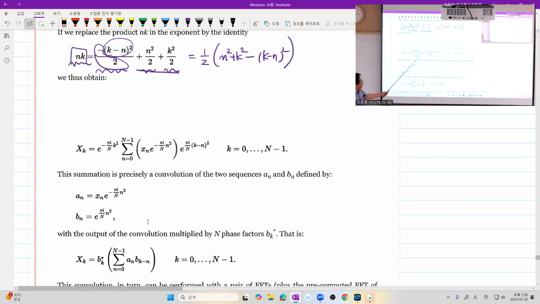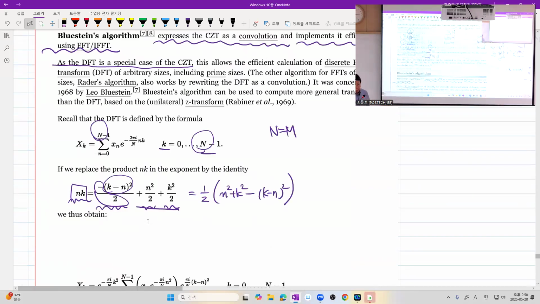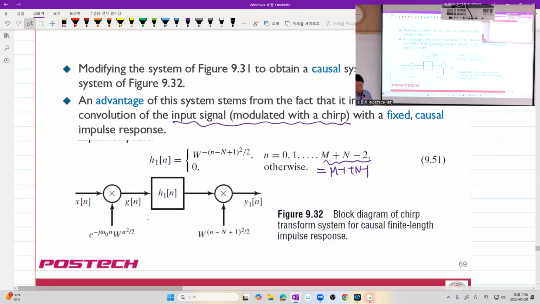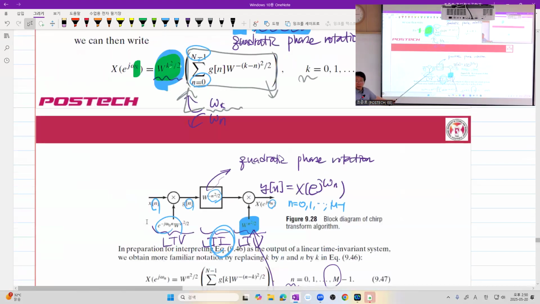Then what do you have? You have the input modulated, convolved, and modulated again. Got it? That is the idea. As you see, the convolution and multiplication are very similar to our case. Not much difference.